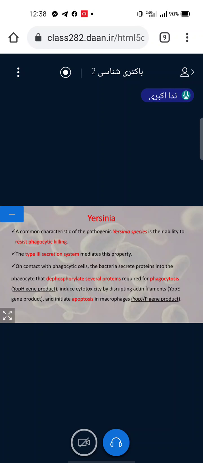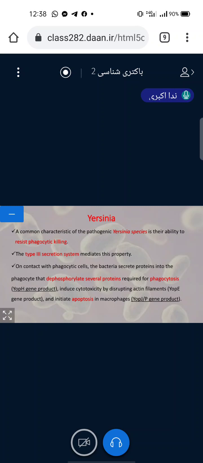A phagocytic cell like a macrophage has some proteins which are required for phagocytosis. But these bacteria produce and deliver some proteins by the type 3 secretion system, which dephosphorylate these proteins and stop phagocytosis.